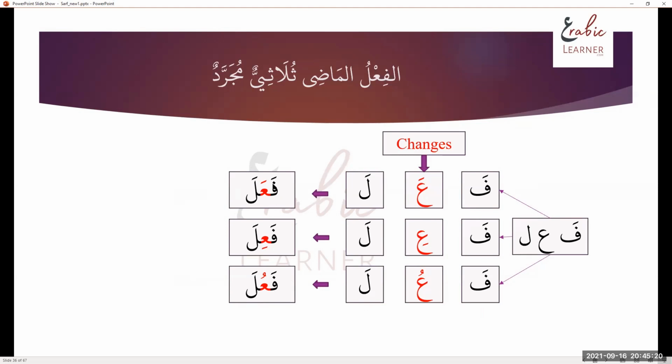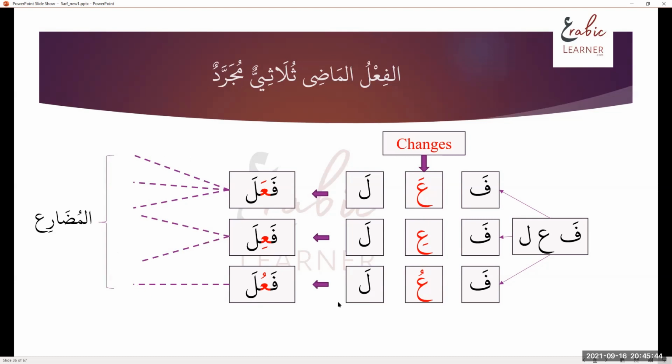So from each of these combinations, several Mudaare can come out, using the technique I have shown you for converting from Maadhi to Mudaare. Clear, brothers and sisters? So see how this tree is building up.